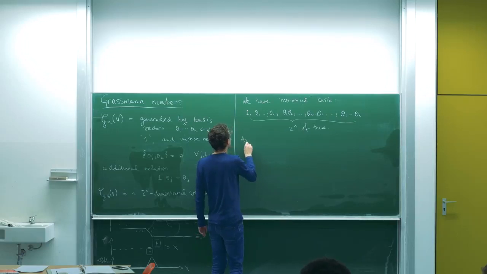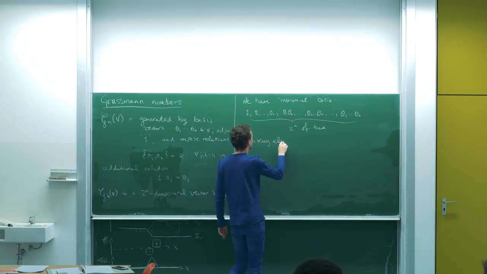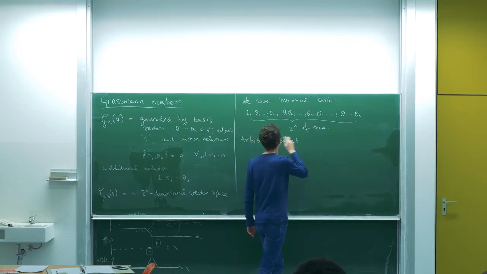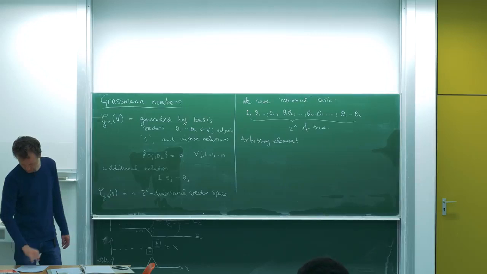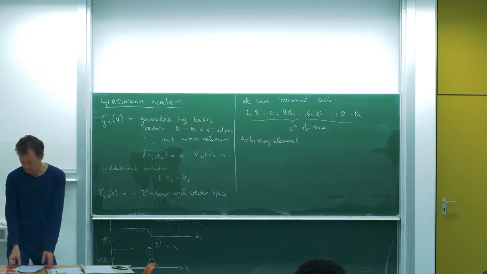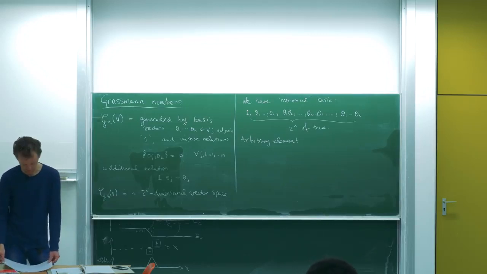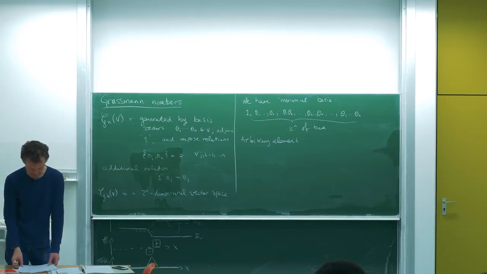And therefore, an arbitrary element of the space, an arbitrary Grassmann number or Grassmann variable, is then a linear combination of those things.